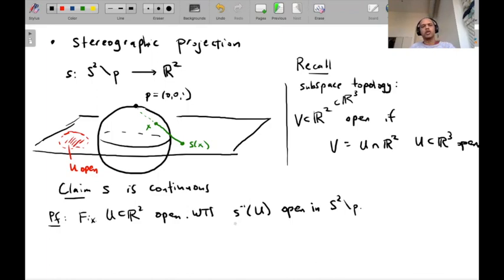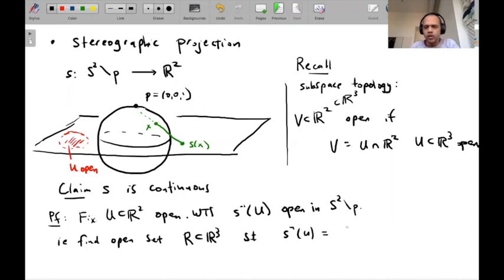So we want to show S inverse of U is open in the sphere minus this point, i.e., find an open set R in R3 so that S inverse of U is equal to R intersect the sphere minus P. Because this is what it means for S inverse of U to be open.